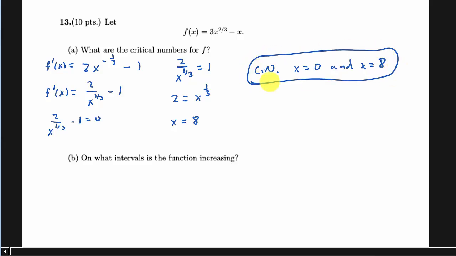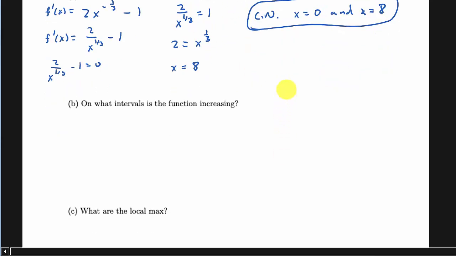So how do I know that? Remember, your critical numbers are where the first derivative is 0, which we got the 8 there, and where the first derivative is undefined. The first derivative is undefined at 0, and 0 is also in the domain of the original function, so that would be a critical number also.